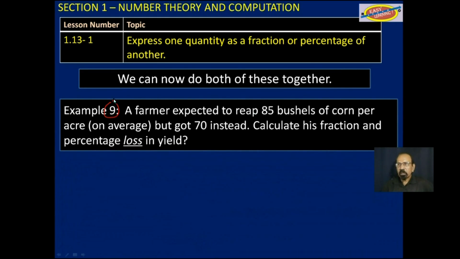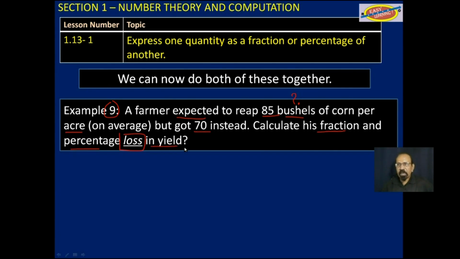Question 9. A farmer expected to reap 85 bushels, doesn't matter if you don't know what a bushel is, of corn per acre, and it doesn't matter if you don't know what an acre is either, but got 70 instead. Calculate his fraction and percentage loss in yield.